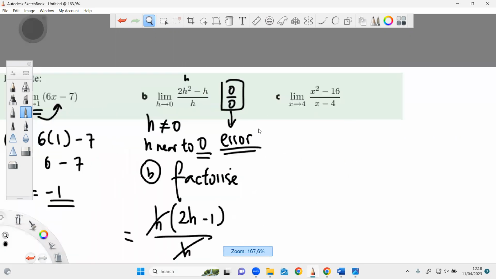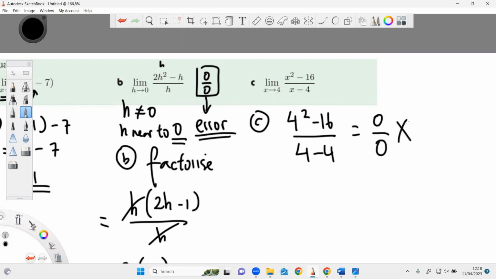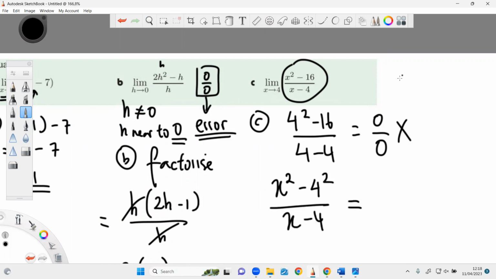Part C also, if you insist on putting the 4, we will get this, right? And this is also a 0 over 0 thing, and it is prohibited. So what you need to do is try to factorize. I can put 16 as a whole square, and you can factorize by the formula of a square minus b square equals a plus b, a minus b.